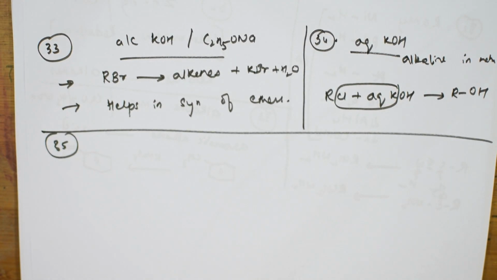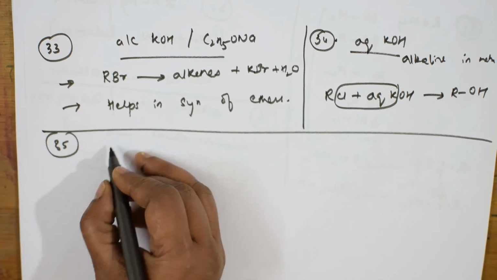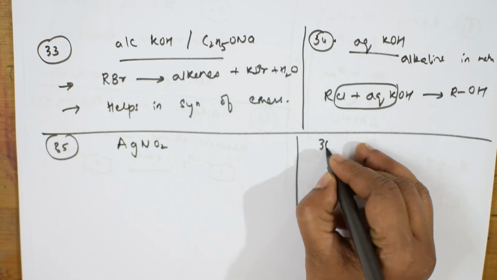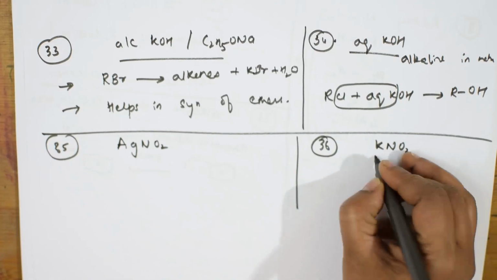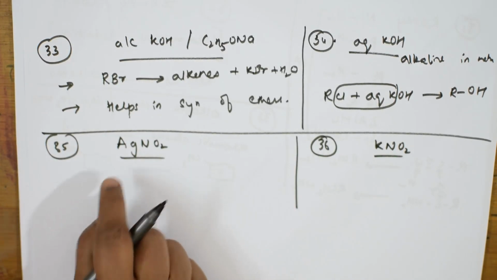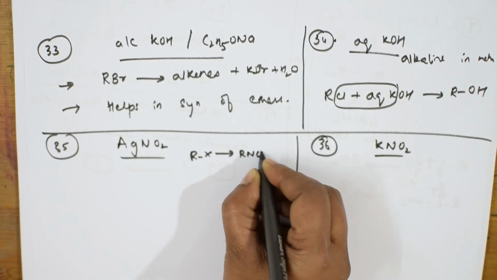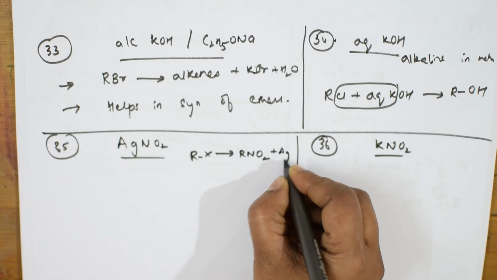In the exam paper, if I have AgNO2, this is very light. In one of the CBSE sample papers they have also given AgNO2. If you have AgNO2 and the 36th one, KNO2, silver nitrite, AgNO2 converts alkyl halides to RNO2 plus AgX.